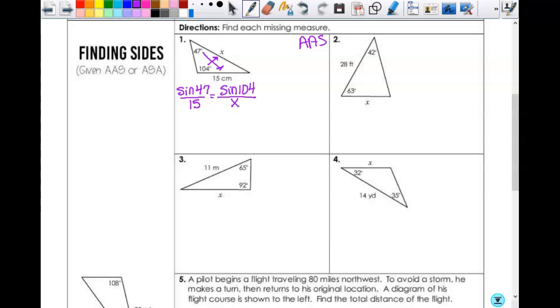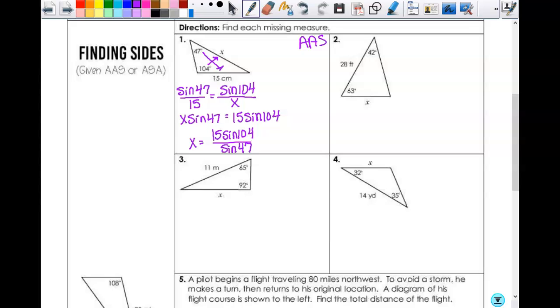Okay? And then you just solve the proportion. So if I cross multiply here, I get x times the sine of 47 is equal to 15 times the sine of 104. So x is equal to 15 times the sine of 104 over the sine of 47.